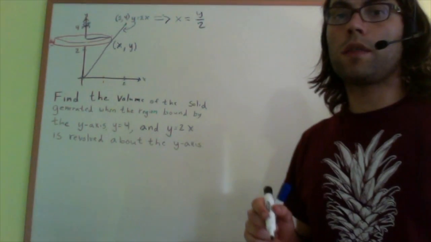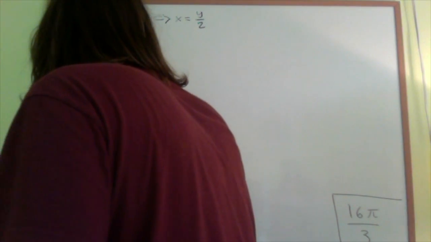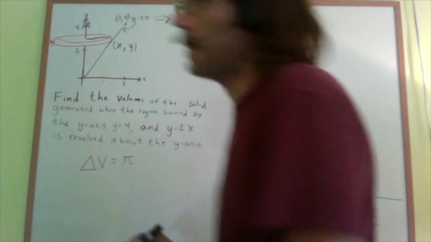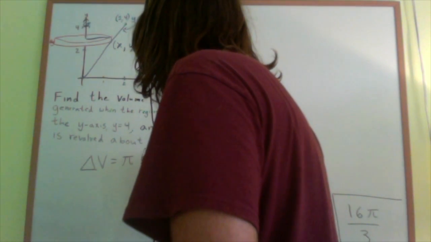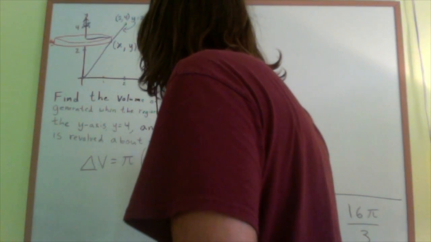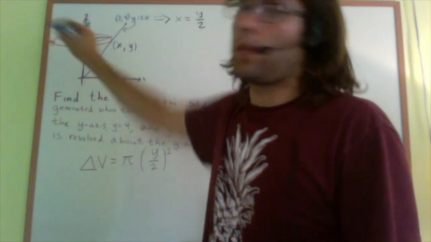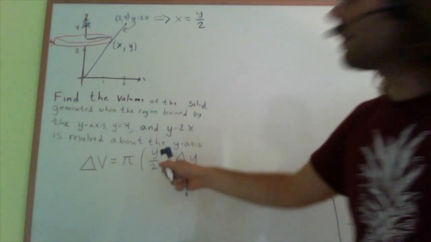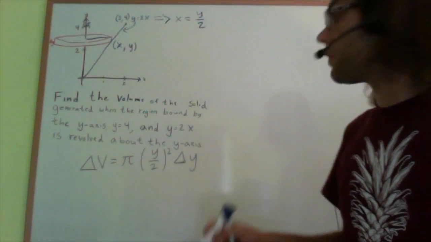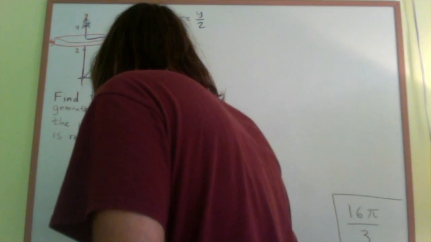Okay? Therefore, a little chunk of our volume, delta V, is going to be pi times y over 2 squared times, and of course this time, since the thickness here is vertical, it's going to be delta y. Now the square of y over 2 is y squared over 4, so we'll go ahead and write it like that.